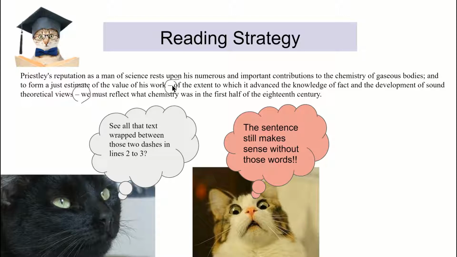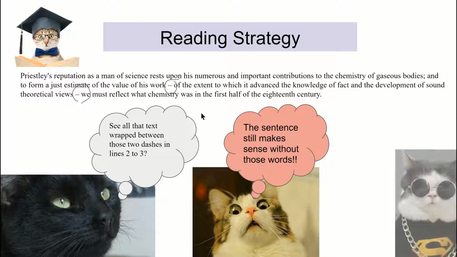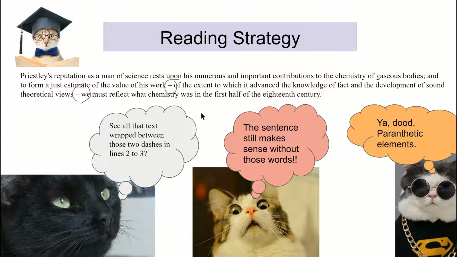So I would recommend you can pretend it's not there for the sake of the sentence, and then just be aware that you skipped something, and if you need to go back, fine. But it's a really nice way to get the meaning quickly. And indeed, that is called a parenthetic element.